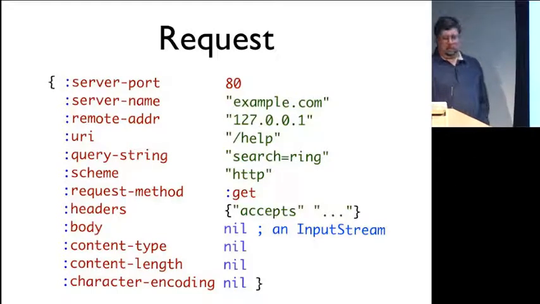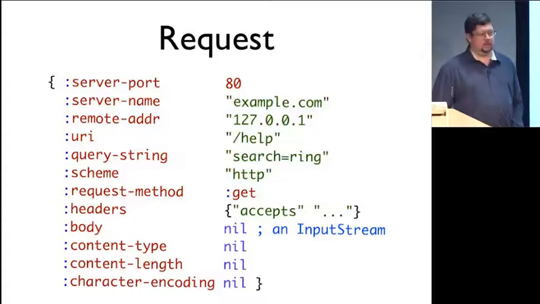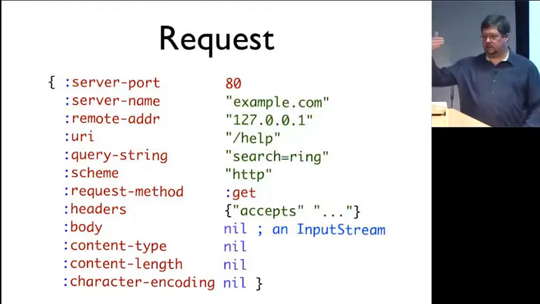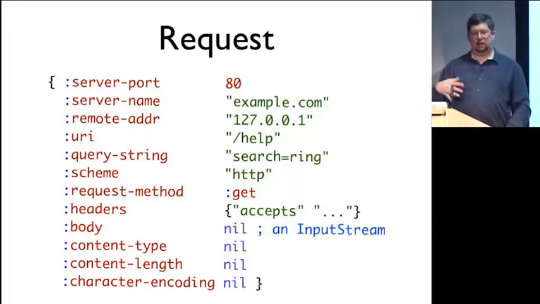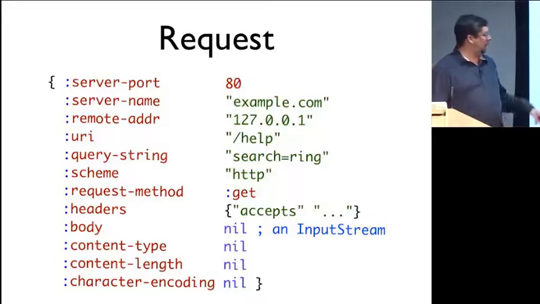The little shim at the front of Ring before the first handler gets called has the job of parsing the HTTP headers and body apart and putting them into this map format. So you know the port and the server name for virtual host purposes, address of the remote system, URI, the query string, the scheme, on down the row here, headers.